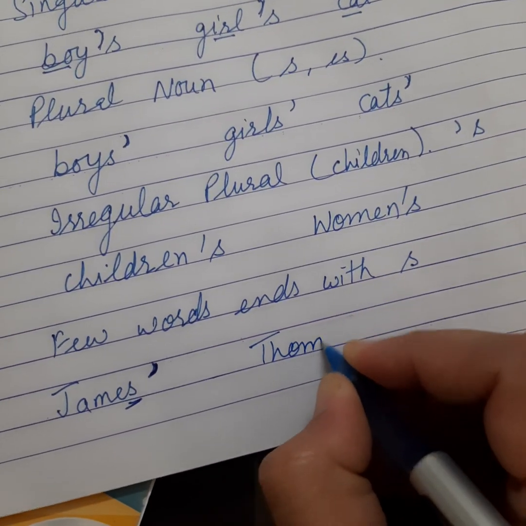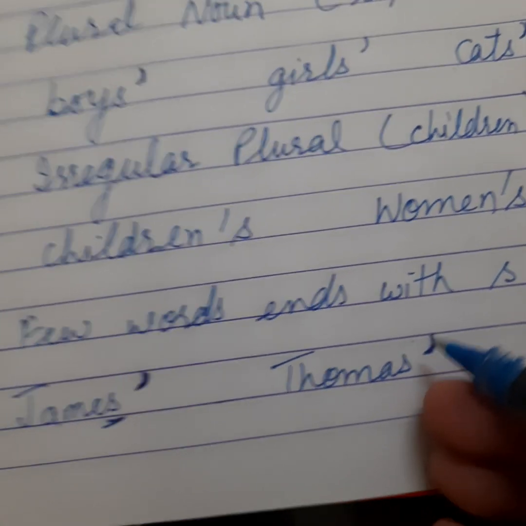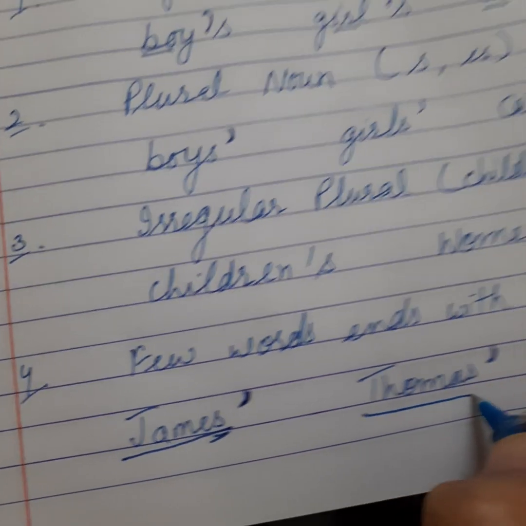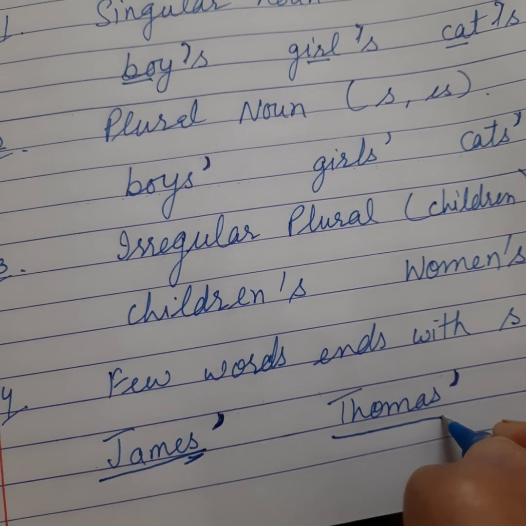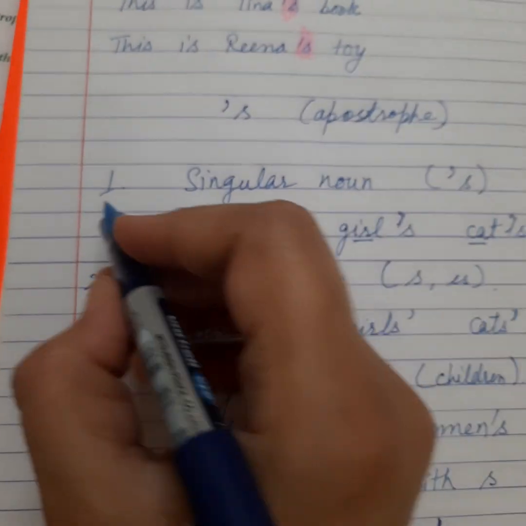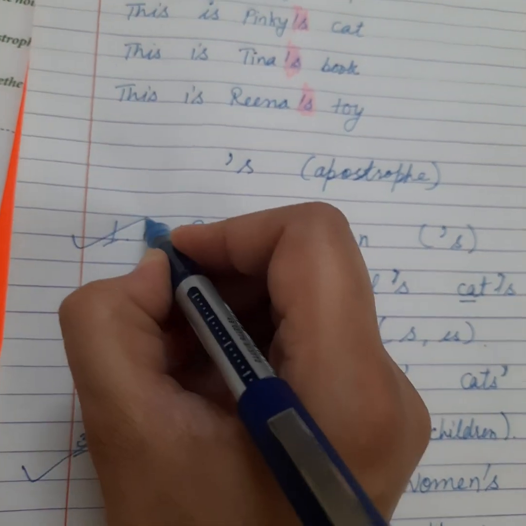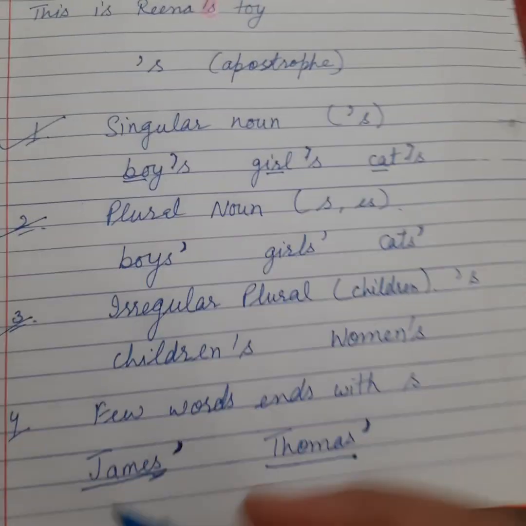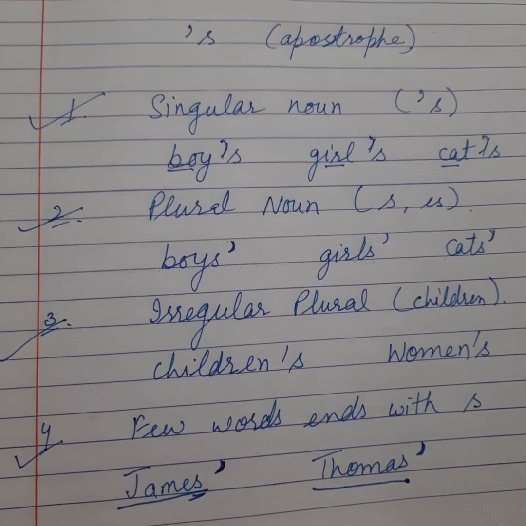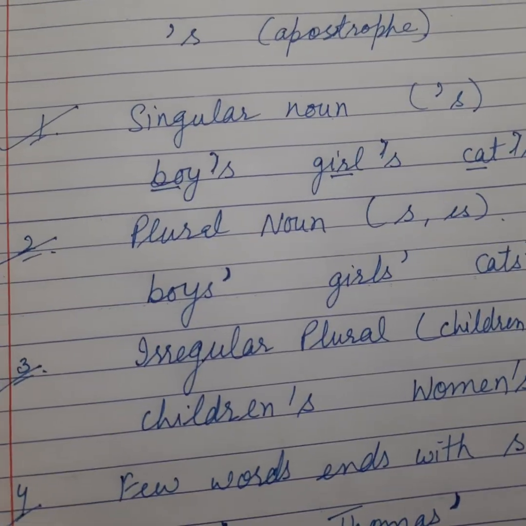Thomas, we can't add s after the apostrophe in these singular nouns which end in s. So these are the rules. Simply, we add apostrophe and s with irregular plurals and singular nouns, and with normal plurals and a few words which end with s or double s or es, we simply add an apostrophe to show possession or ownership, right?